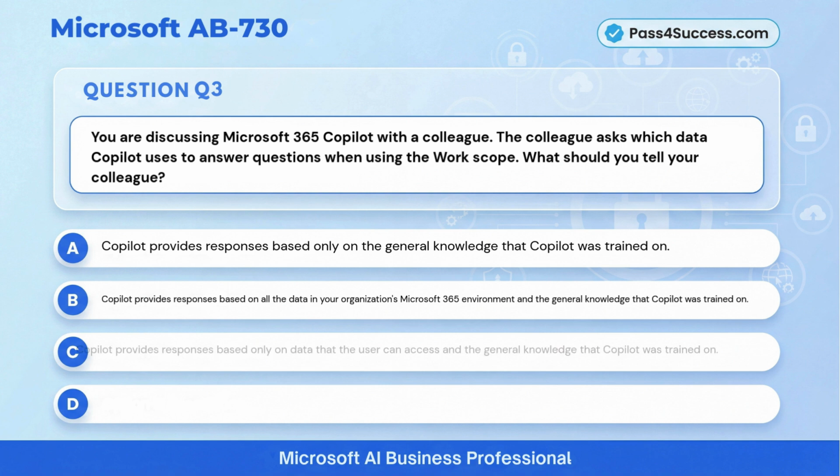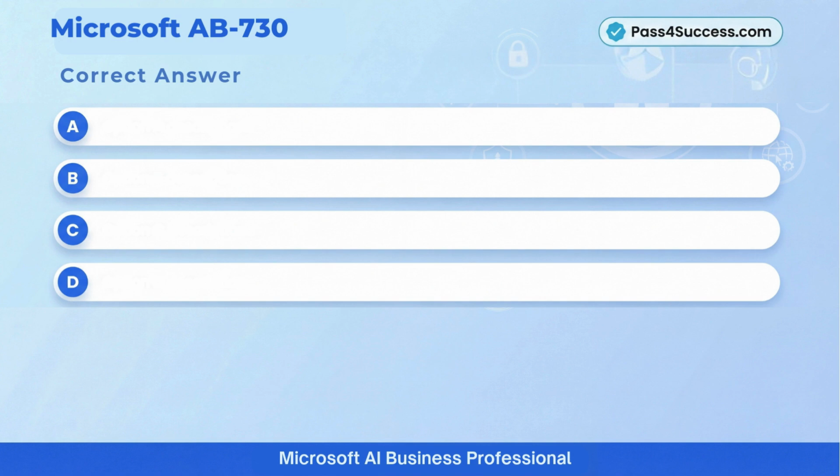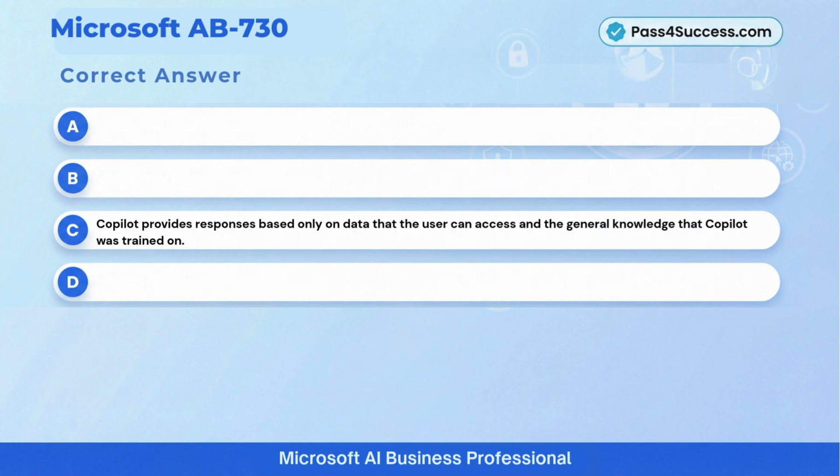Option C. Copilot provides responses based only on data that the user can access and the general knowledge that Copilot was trained on. Option D. Copilot provides responses based only on data that the user can access. The correct answer is C. Copilot provides responses based only on data that the user can access and the general knowledge that Copilot was trained on.